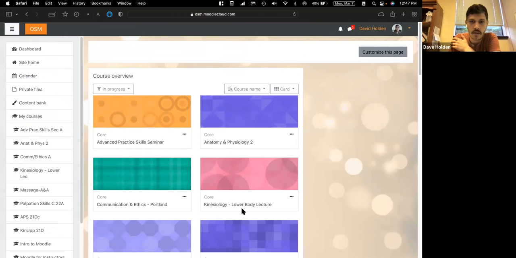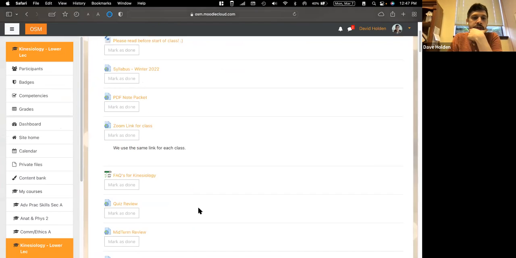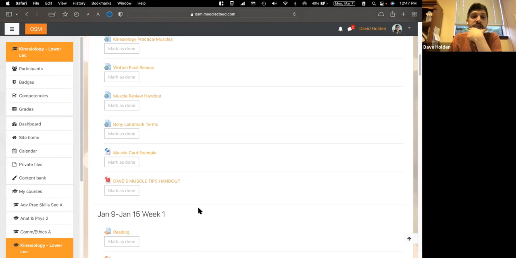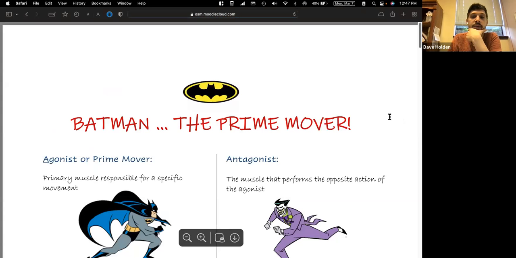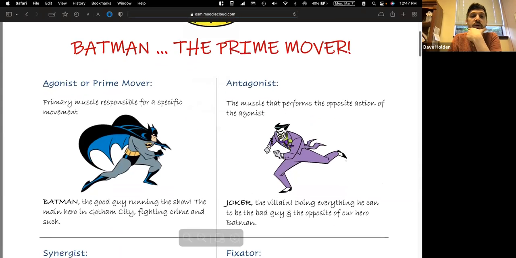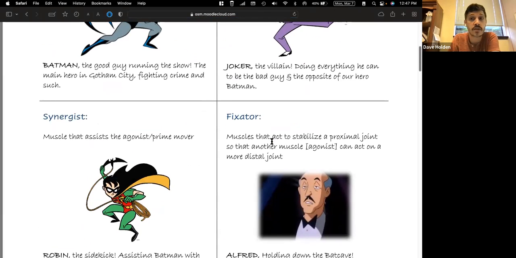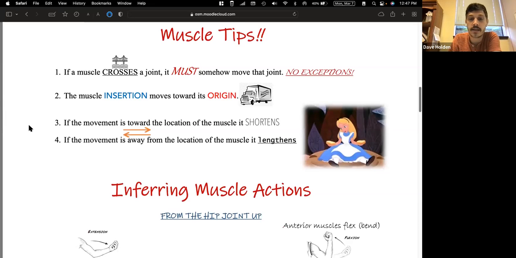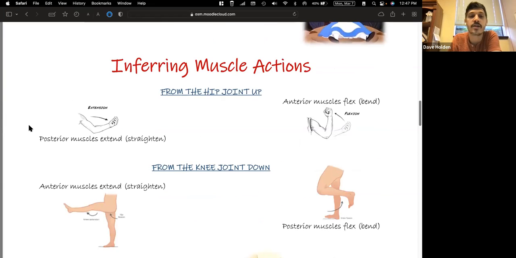So all of those lists will give you really good material as far as what to study, but I would always go back to this muscle tips handout here and make sure that we really know the differences between the terms. Make sure we know our muscle rules, because this makes things so much easier when we're trying to remember all the actions that the muscles will give us.